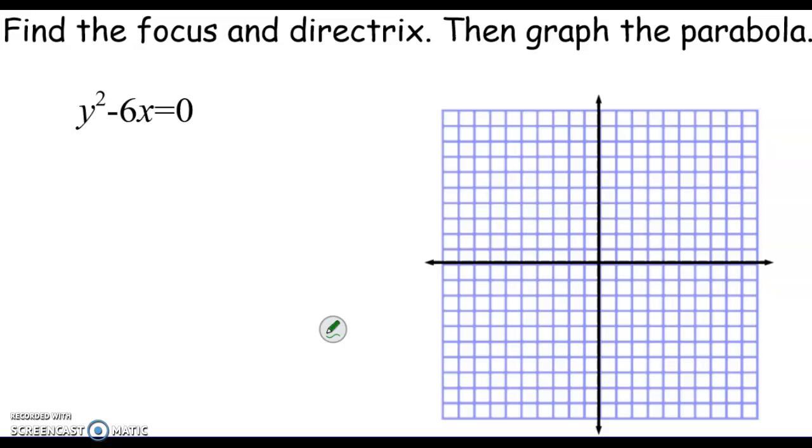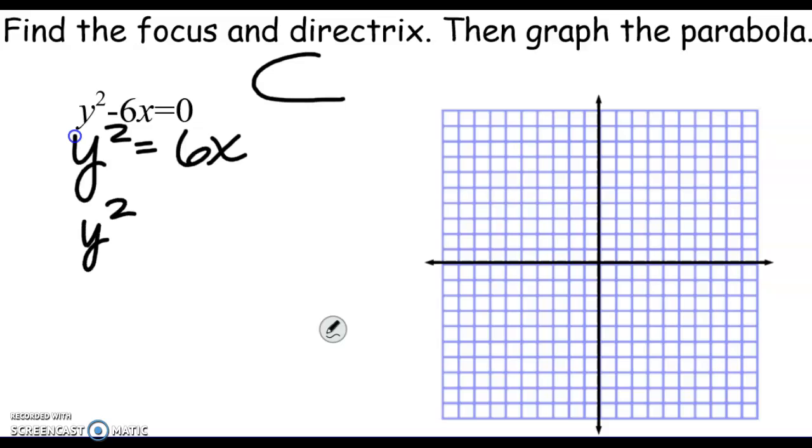This one says y squared minus 6x equals 0. Well, that's not in the right order. So really it says y squared equals positive 6x. So then I think to myself, is that going to open side to side? It's going to open up to the right because the 6 is positive. Now, I know that y squared equals 4px.